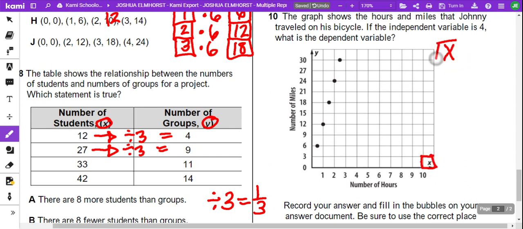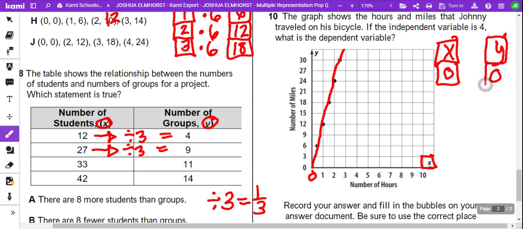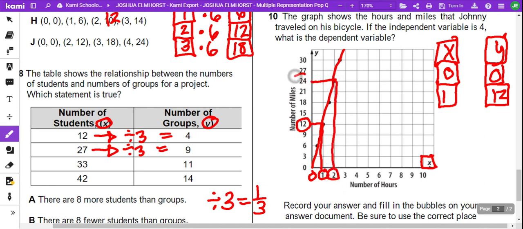So we have X, and it looks like this line goes straight down. So when X is 0, Y is 0. And then we go X is 1, Y is 12. Then we have X is 2, Y is 24.